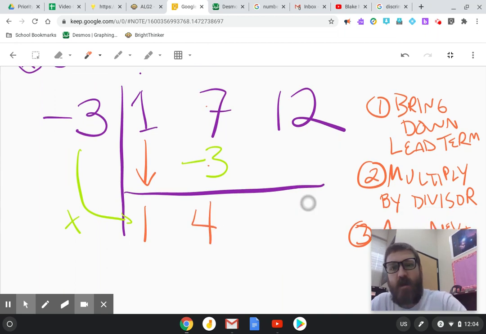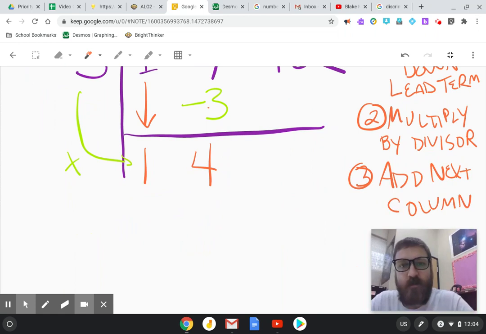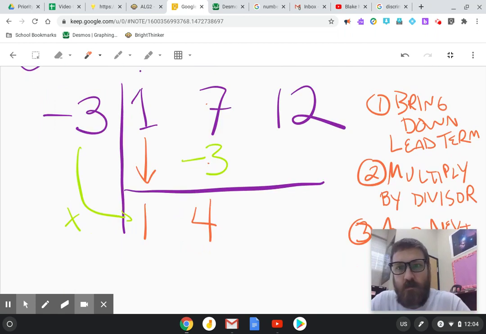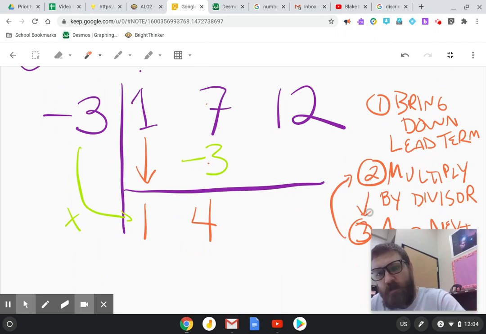And then I'm going to repeat that process until I am done. So again, I'm just going to keep going back to step 2 and repeating that process until there's nothing else left to do. So negative 3 times 4 is negative 12. Negative 12 plus 12 is 0.